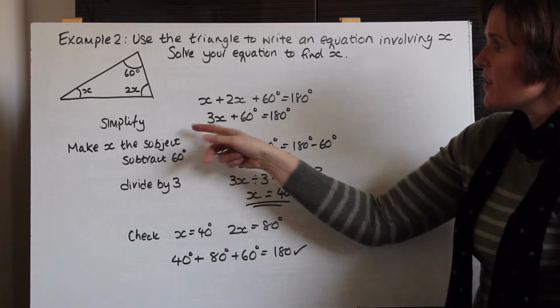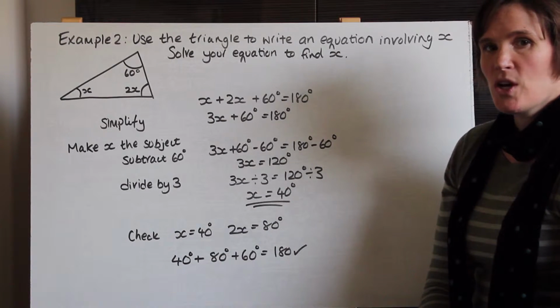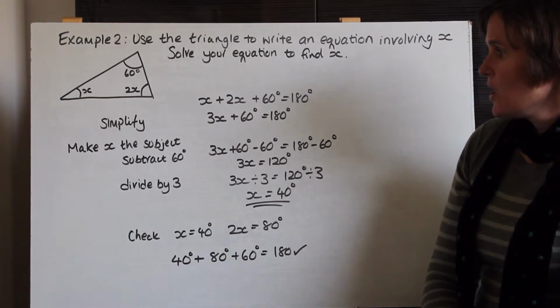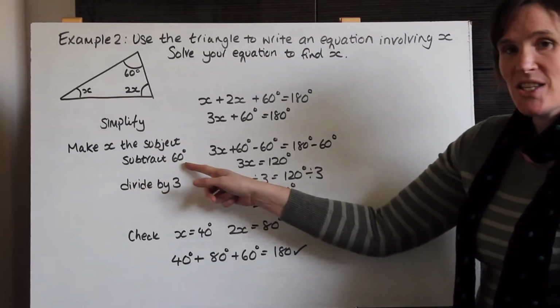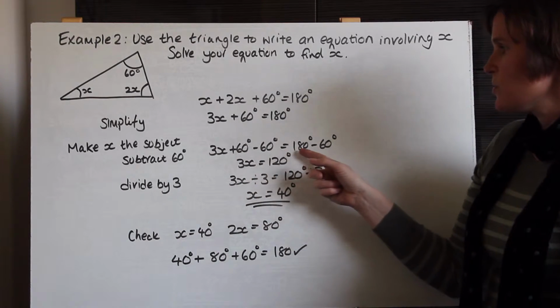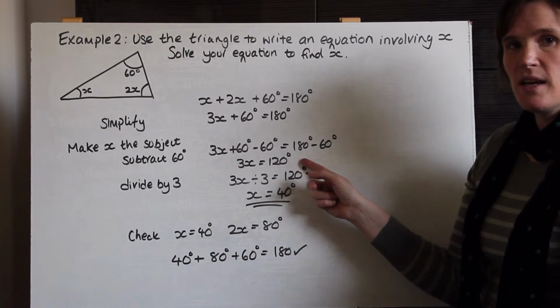We can simplify that to 3x plus 60 equals 180. We then need to make x the subject, so we subtract 60 from both sides. 3x plus 60 minus 60 equals 180 minus 60. 3x equals 120.